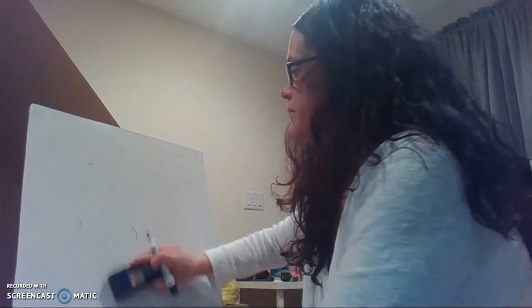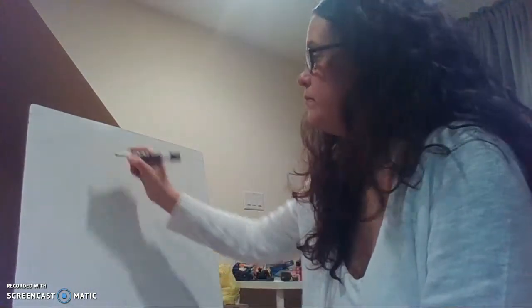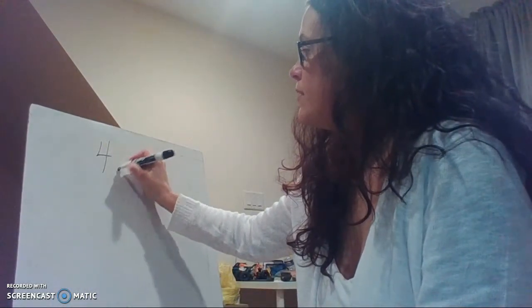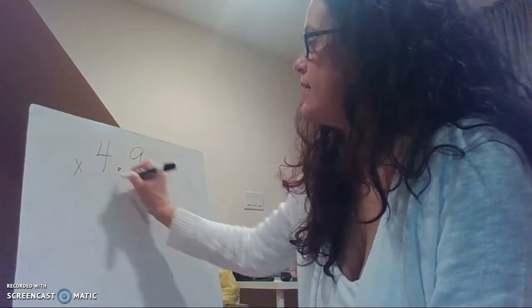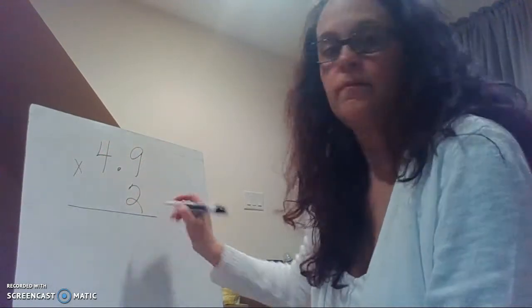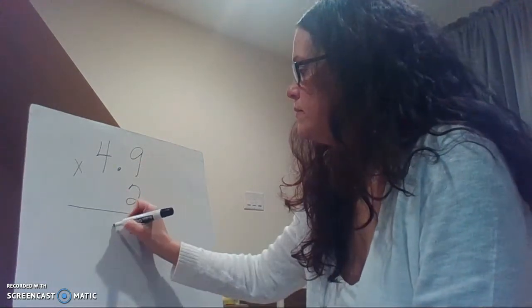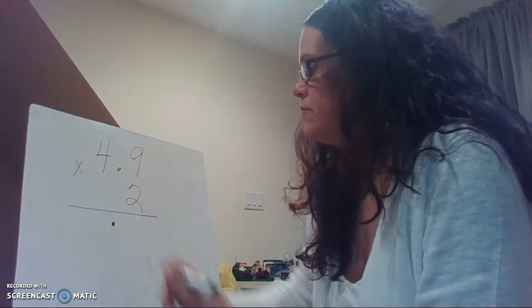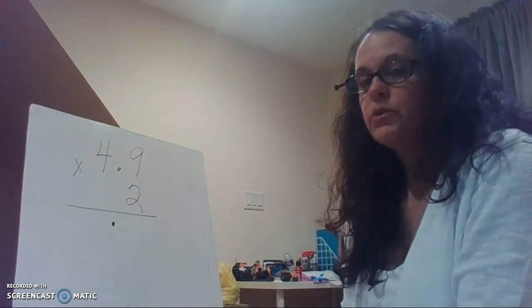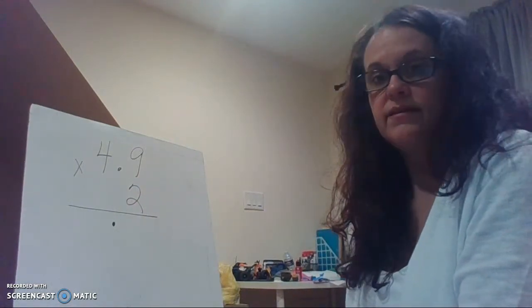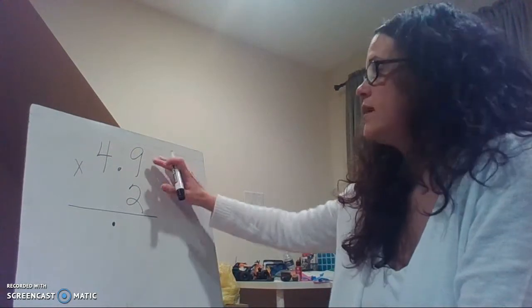Let's try another one. 4 9/10 times 2. Okay. First step, we line up the decimal. Next step, we start with the smallest column we have, and in this instance again, we have a tenths column.